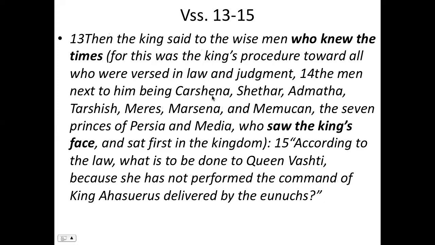Then the king said to the wise men who knew the times, the wise men that come from the east, the Magi, they trace all the way back to Daniel. So Daniel is one of the wise men.